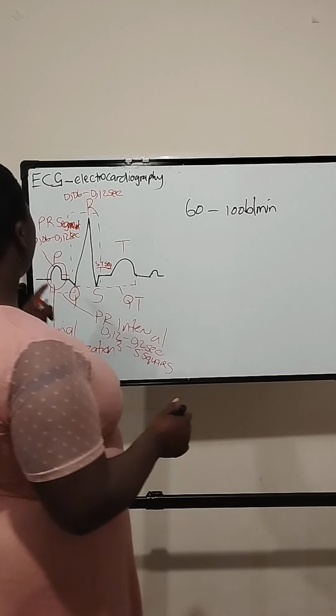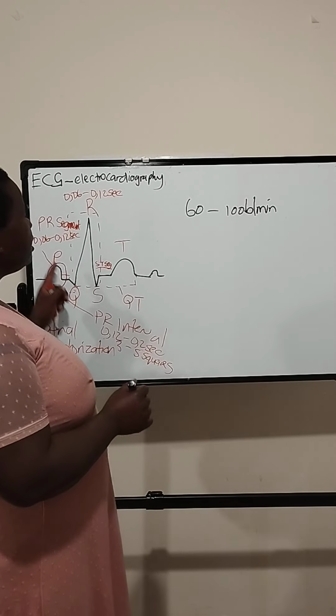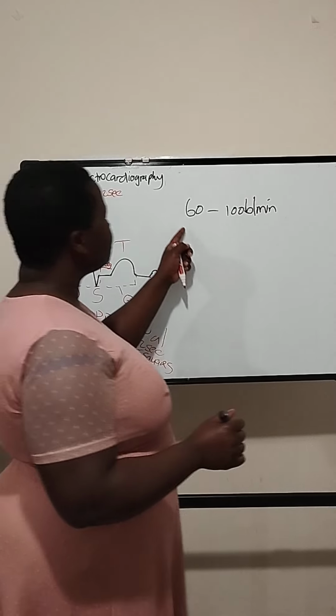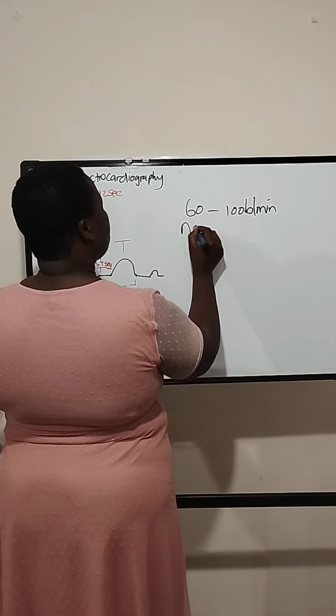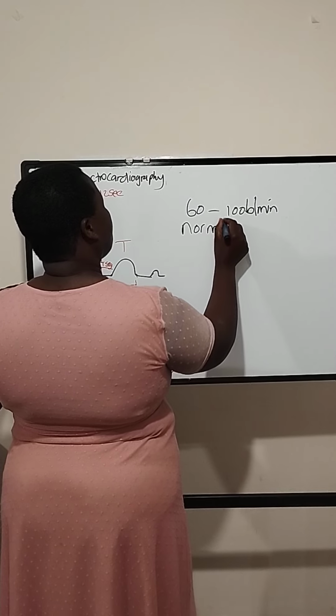And if there is a P wave and the heart rate is between 60 to 100 beats per minute, we call that a normal sinus rhythm.